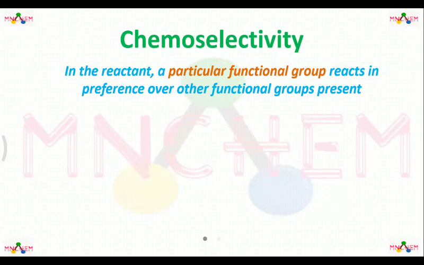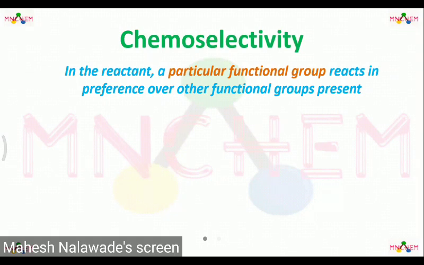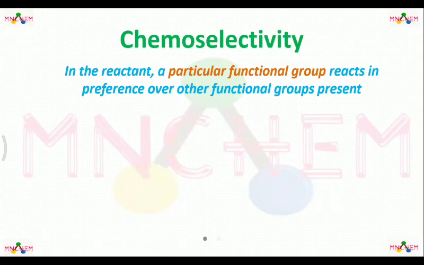In short, when we ask the question which functional group, that is the problem of chemoselectivity. Say in a reactant, if we have more than one functional group, or two similar functional groups, then only one of those functional groups will undergo reaction and the other functional group remains unaffected.